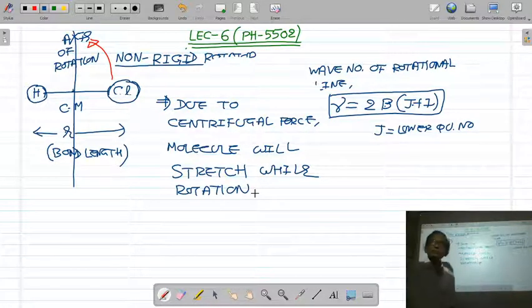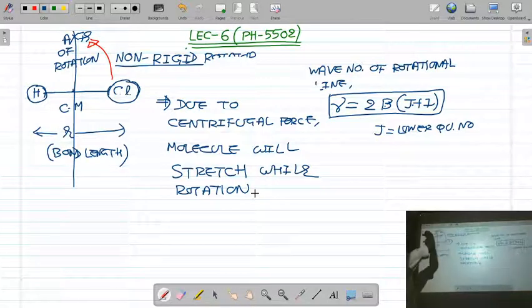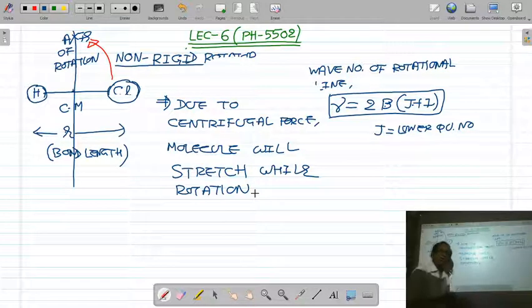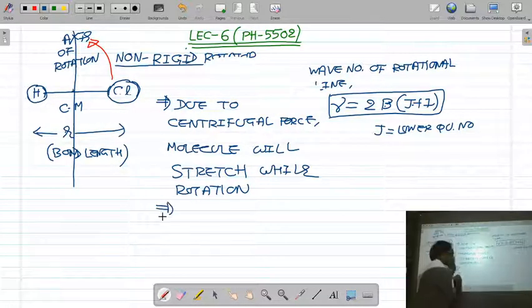You know very well, when a molecule is rotating about an axis of rotation, there is a centrifugal force mv squared upon r acting on the molecule, and due to this centrifugal force, the molecule will stretch during rotation. As a result, the bond length will increase.